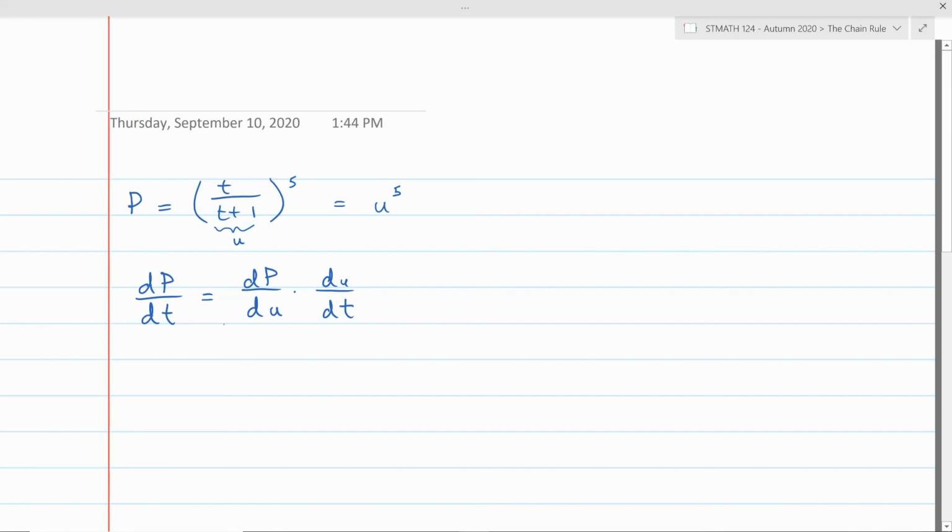What's dp du? Well, you have p as u to the fifth, right? So this would be 5 times u to the fourth from the top. And then what's the derivative of u with respect to t? Well, remember u is t over t plus 1, right? So we'd use the quotient rule and we'd get, derivative of the top, which is 1 times the bottom, t plus 1.